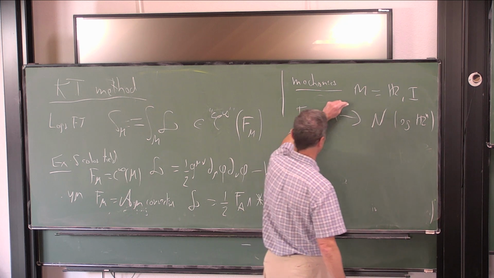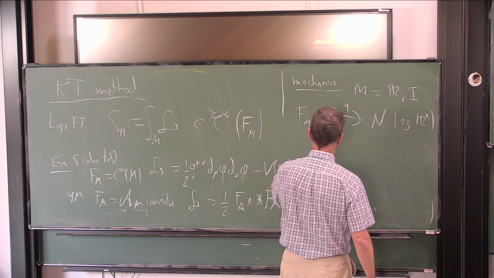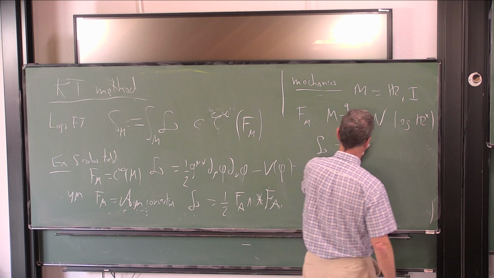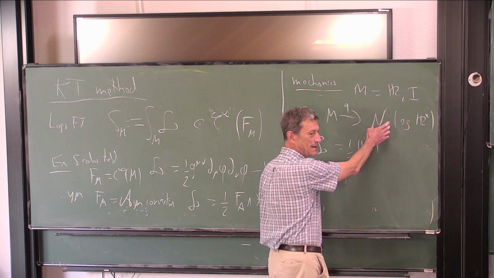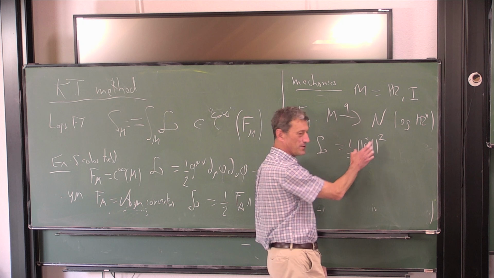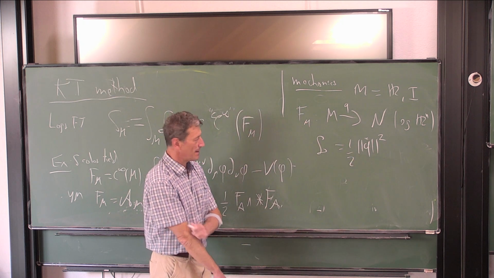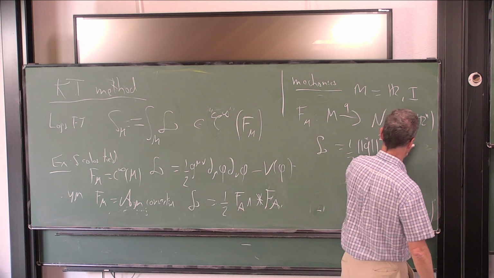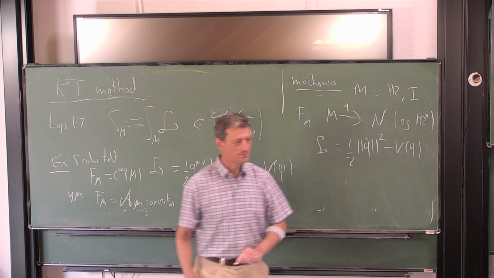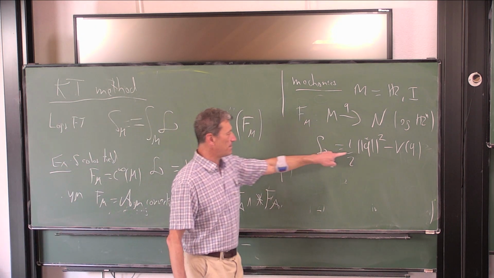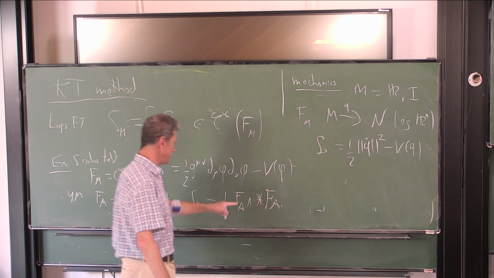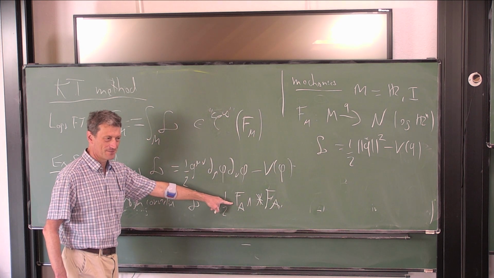We call this map q, and the Lagrangian is 1/2 the norm squared of q dot. So you need some Riemannian metric on the target to define what the norm squared is. And again, you can subtract some potential. Now, notice these first two are examples of non-degenerate theories, and this will be an example of a degenerate theory.